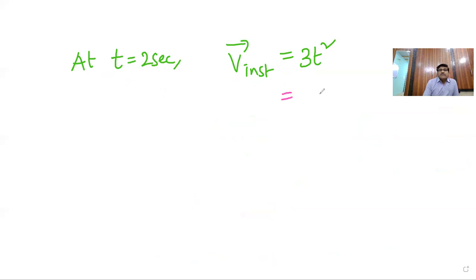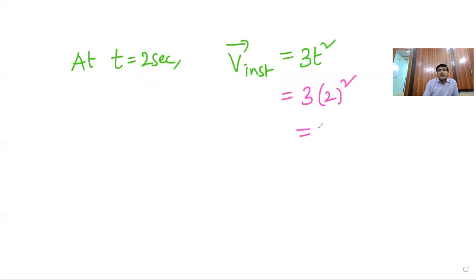Similarly, at t is equal to 2 seconds, V instantaneous, after differentiation, we got how much? 3 t square. At t is equal to 2 seconds, substitute in place of t, 2 square.